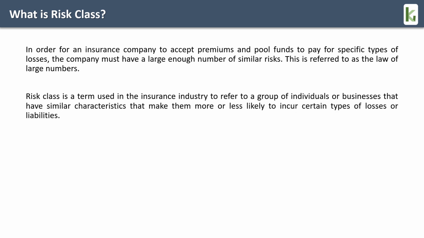Now, risk class is a term used in the insurance industry to refer to a group of individuals or businesses that have similar characteristics that make them more or less likely to incur certain types of losses or liabilities. Insurance companies use risk classification to determine the premiums that they charge for different types of insurance policies.